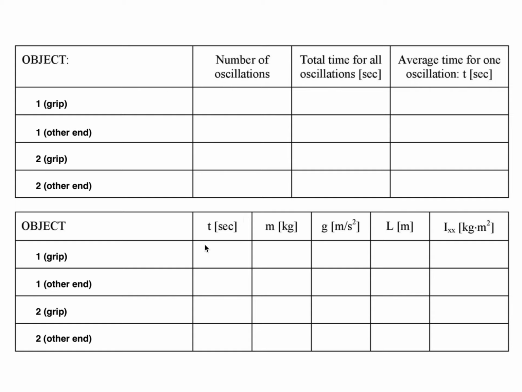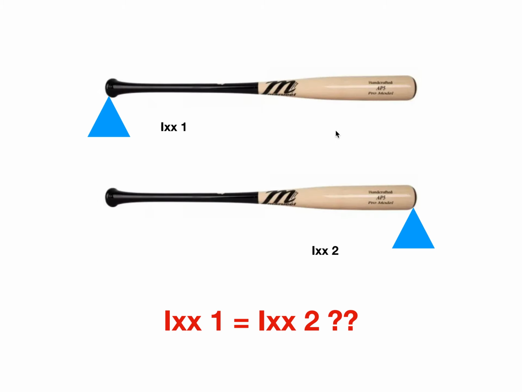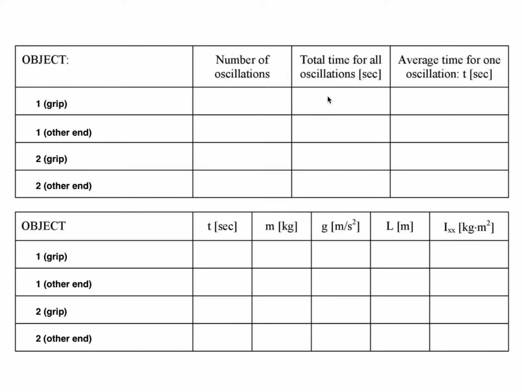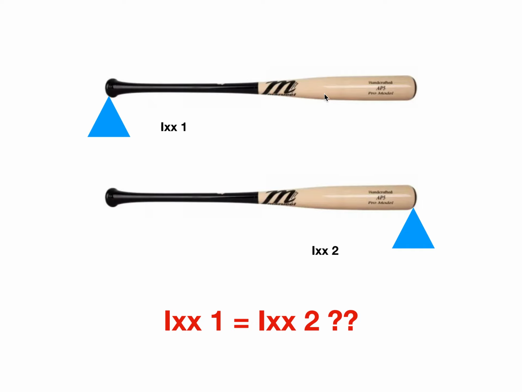You've got T over 2 pi squared, mass, and gravity, 9.8, and the length, which is center of mass to axis of rotation. So in this case, say the center of mass is here, right? And when you hold it at the grip, the L will be center of mass to axis of rotation.